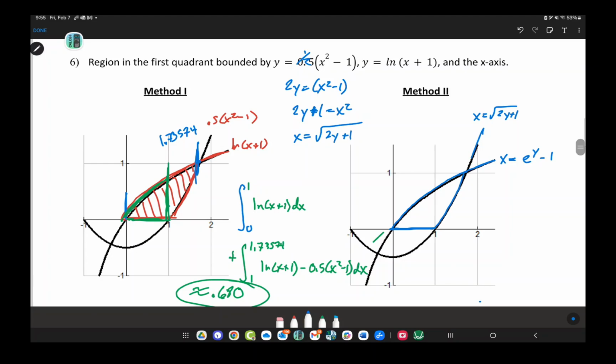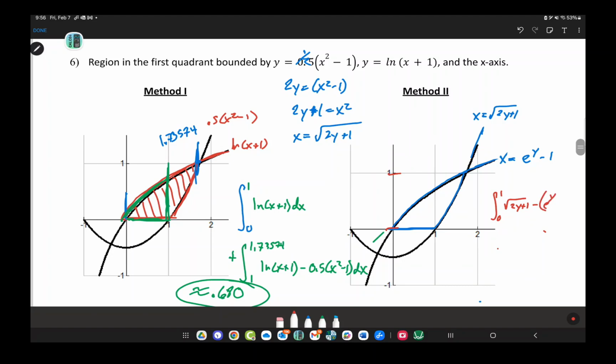Now, you turn this sideways. Which graph is furthest from the y-axis, pretty much? Which graph is above the other? Now, x equals, so I'm going to integrate from 0 to 1 in this case, because those are my y values. 0 to 1 of the square root of 2y plus 1 minus e to the y.